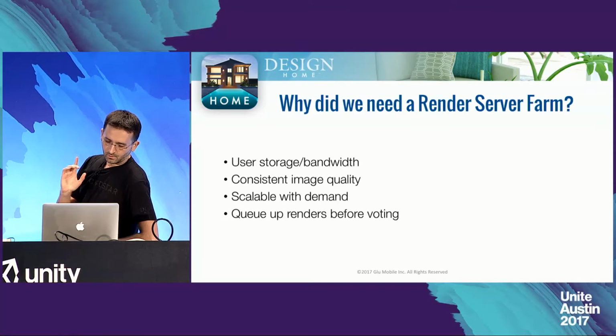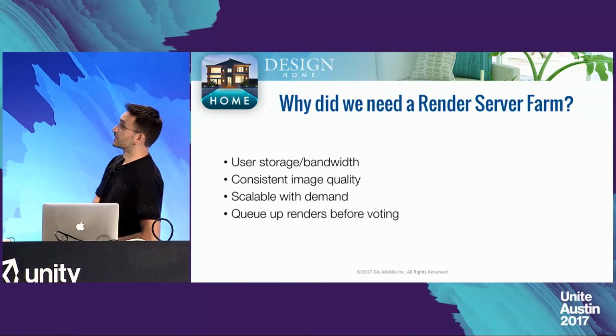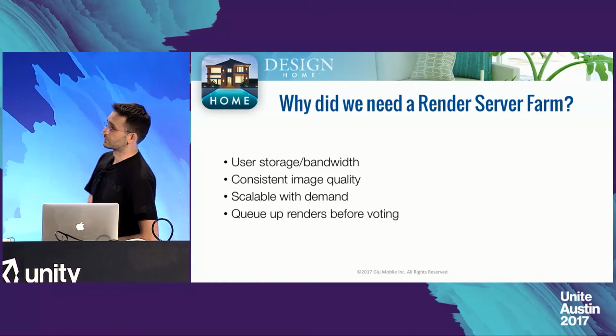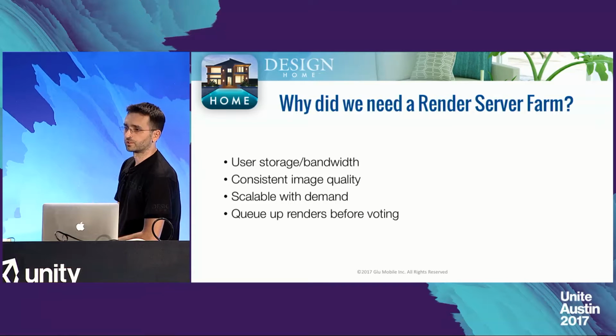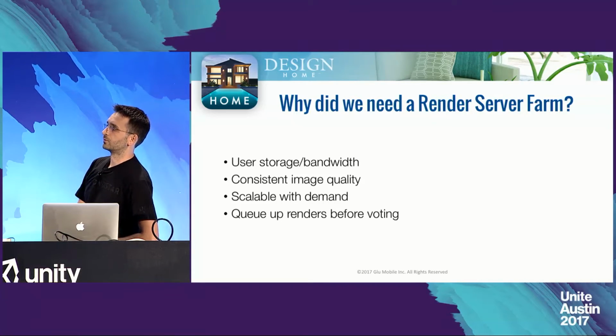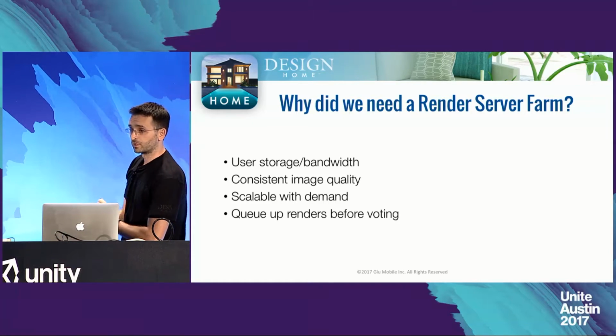So why did we need a render server farm? I mentioned the issue of user storage and bandwidth. Also, consistent image quality. Different devices have different rendering APIs. So by having one render quality, everybody is competing at the same level when they're being voted on.